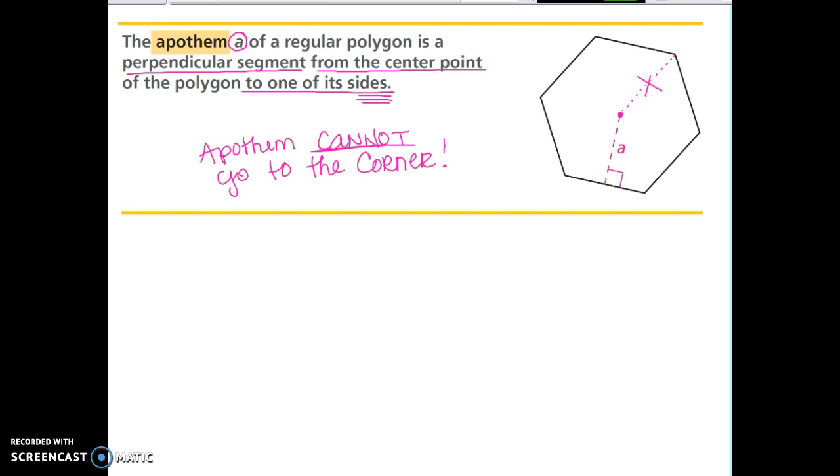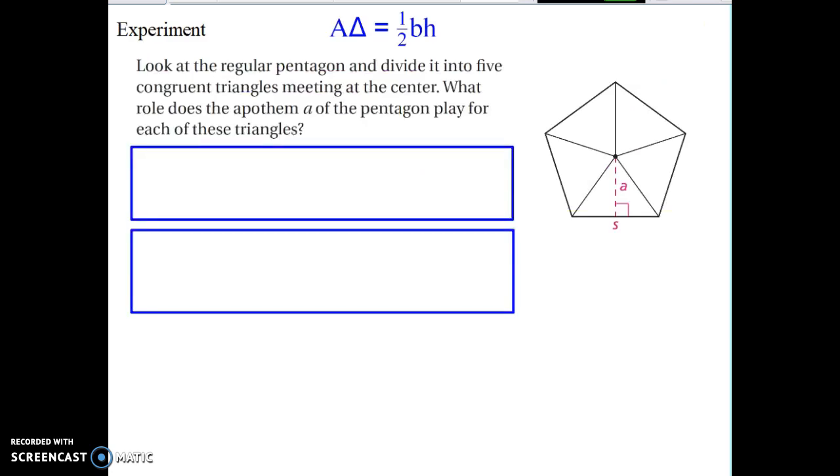So what do we need the apothem for? Well, we know that the formula for a triangle is half base times height. So we're going to do some substitutions here: 1/2 times base times height. If we look at this pentagon, regular in terms of polygons just means that all sides are the same length.